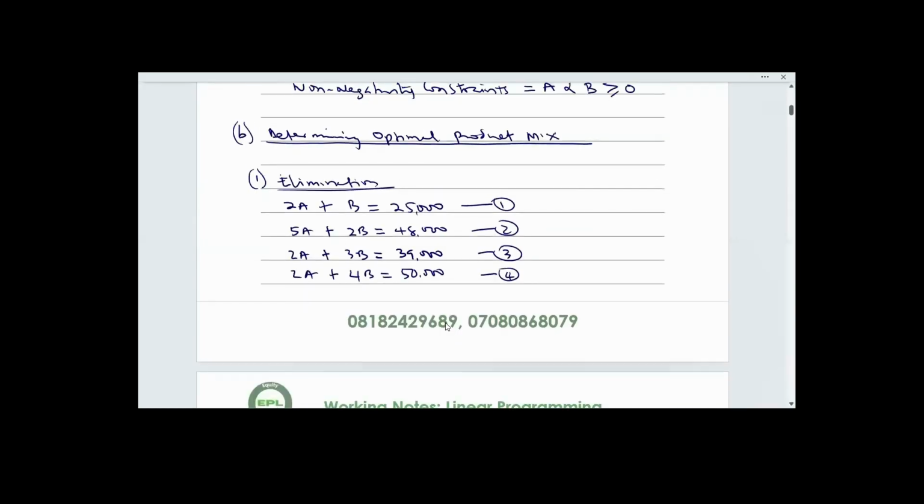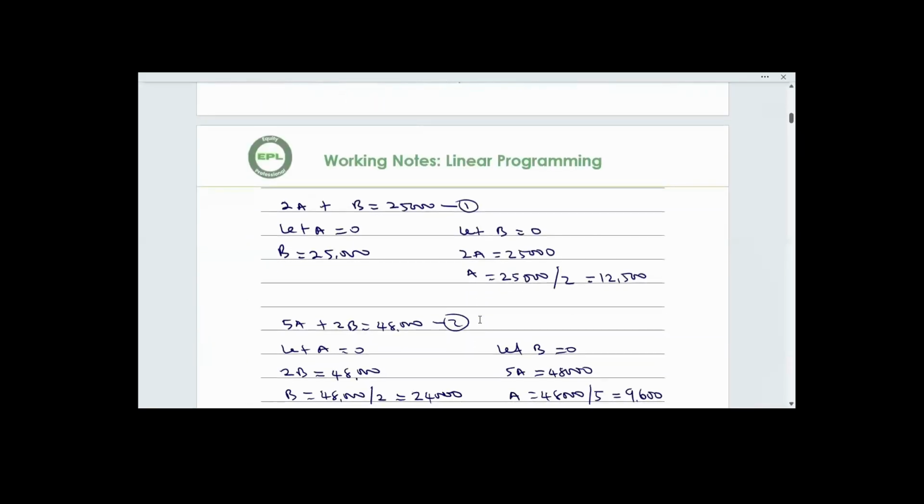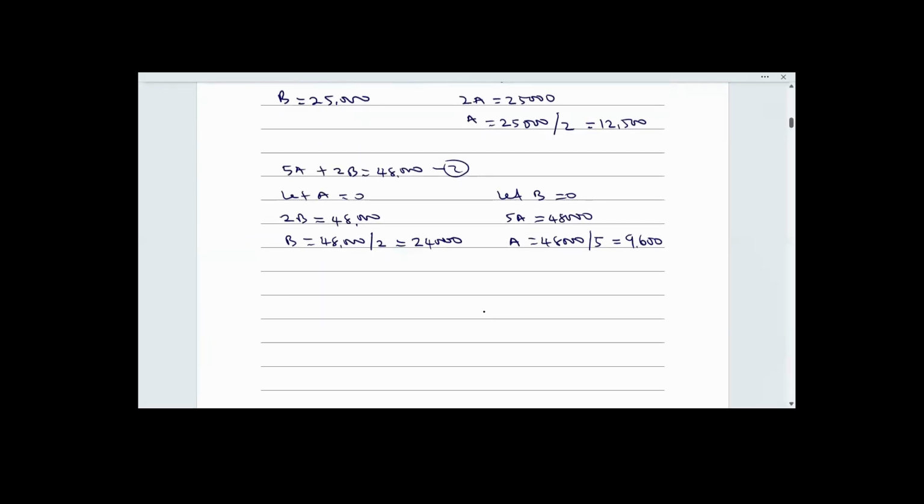Equation 3 is 2A plus 3B equal to 39,000. Let A equal to 0. Therefore, 3B equal to 39,000.